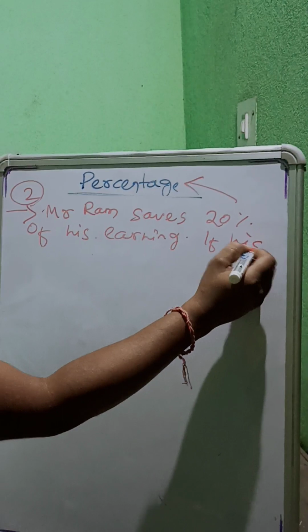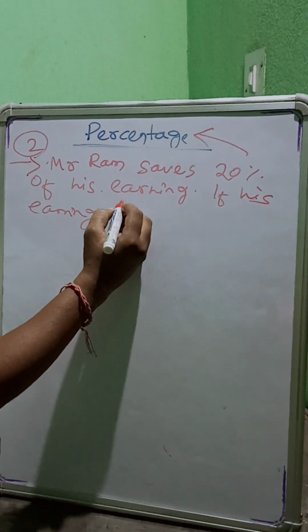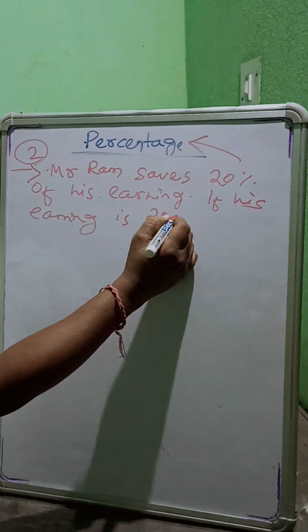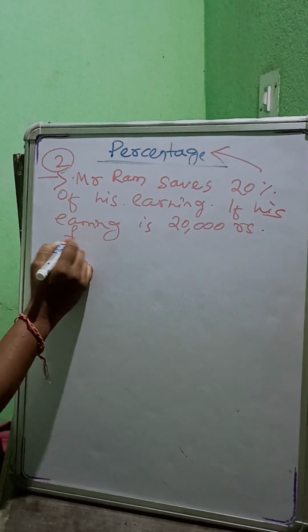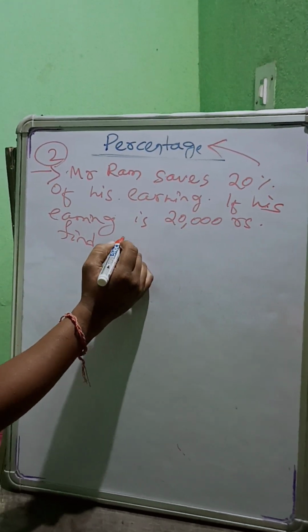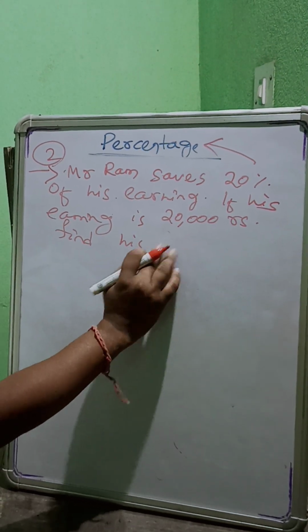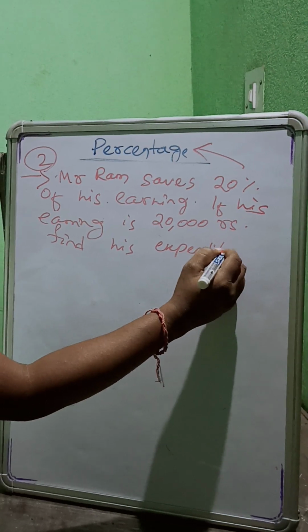If he is earning in a month, means monthly salary earning is 20,000 rupees. Find his expenditure. How much is the expenditure?